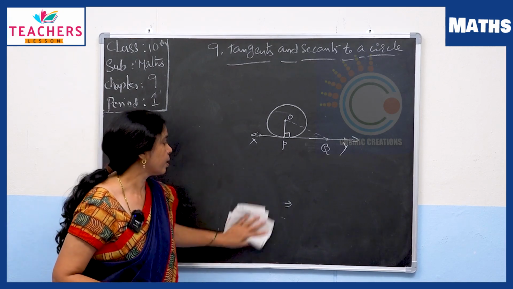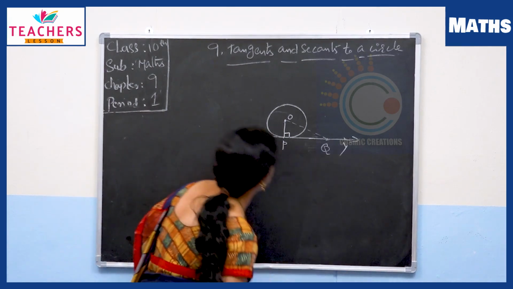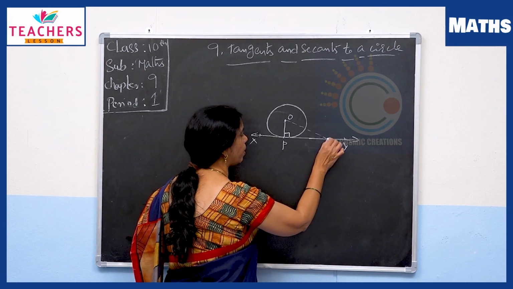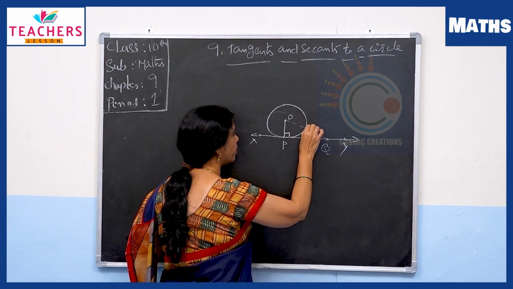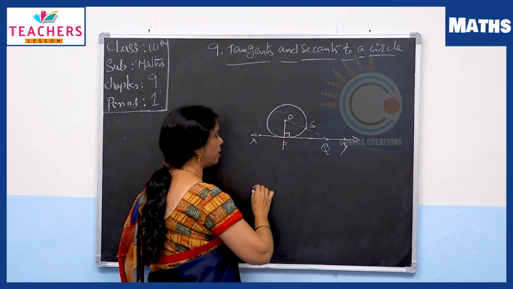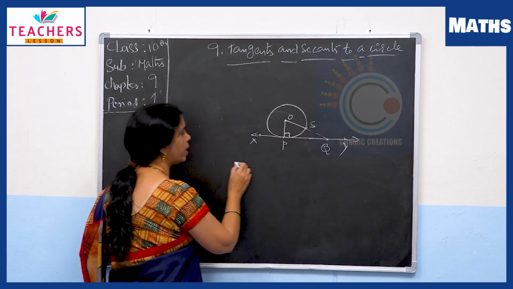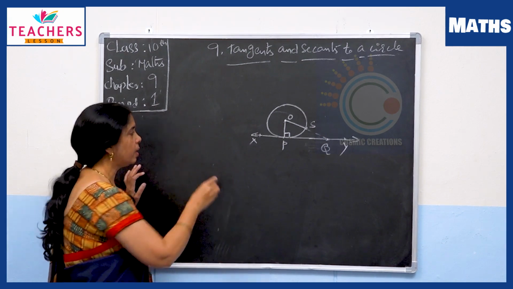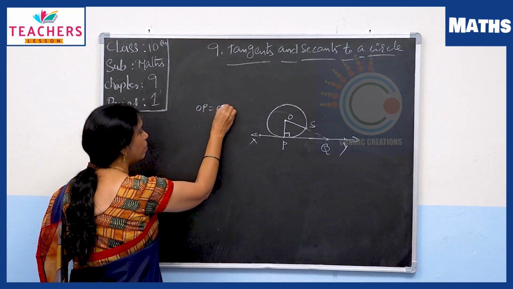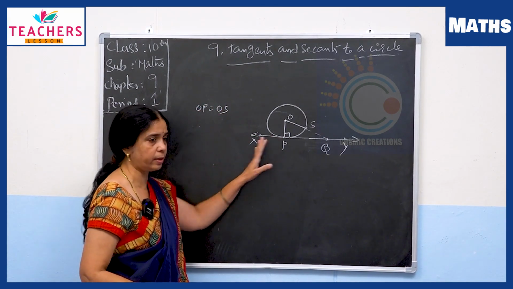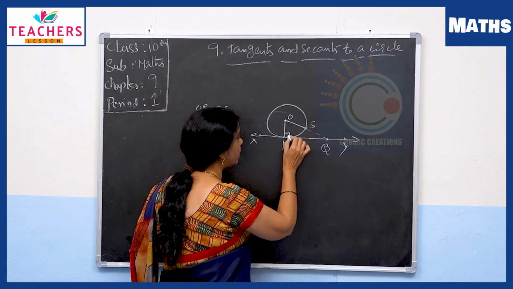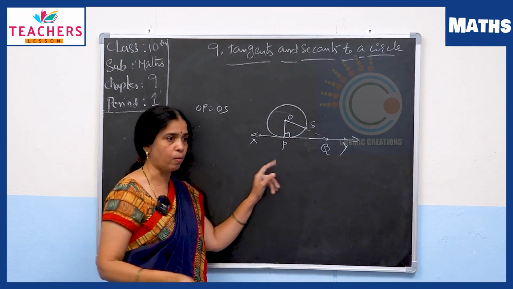Now, suppose Q is a point, and here there is some point S. What is OS? OS is nothing but a radius. OP is equal to OS, both are radii.